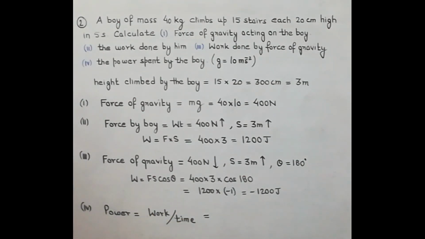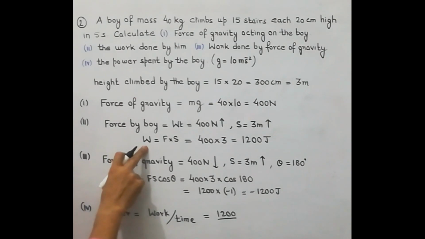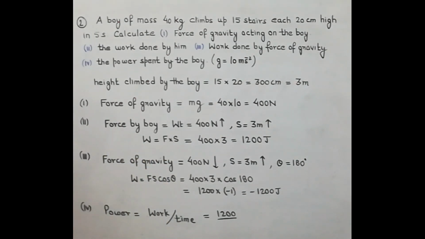So work done by the boy, which we have already calculated, is 1200 and the time that he takes is 5 seconds. And the unit of power is watt, so it will be 240 watt. Hope this is clear to you now. So you can pause and note it down.